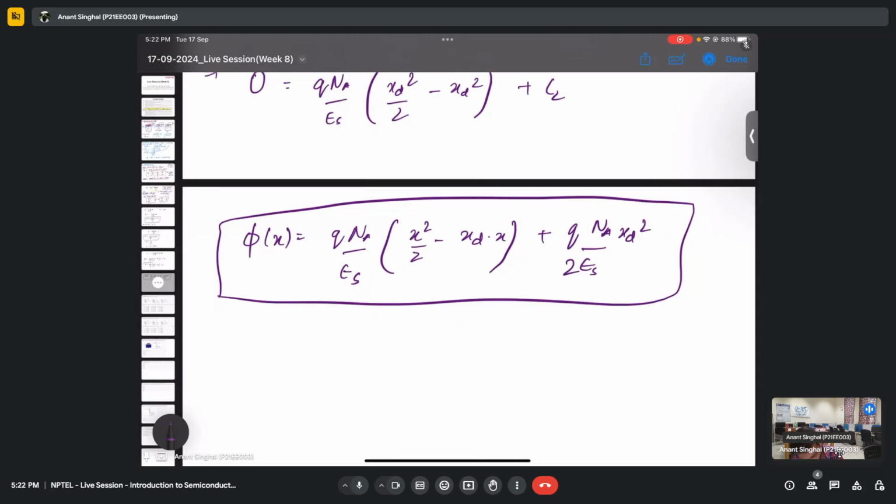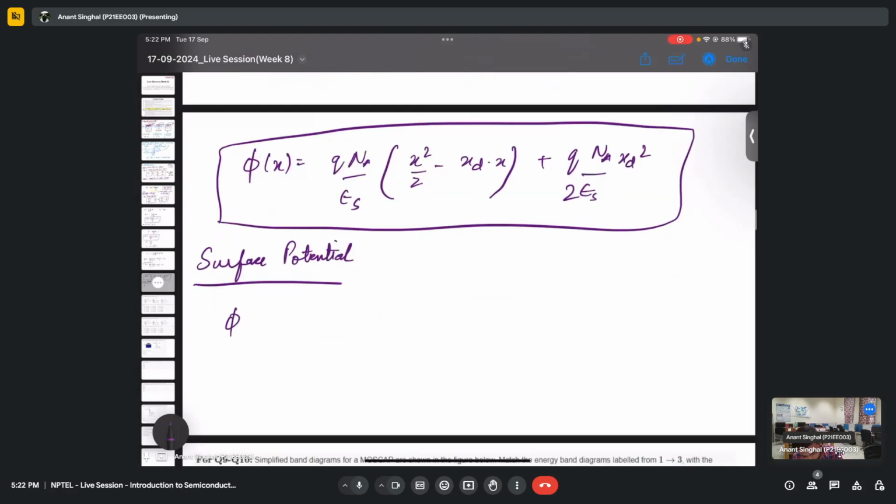Now we'll calculate with respect to surface potential. The surface potential, psi s, is nothing but the potential at x equals 0, that is at the interface. So I'm putting x equals 0, for which I'll get only this part, because the other terms go to 0.